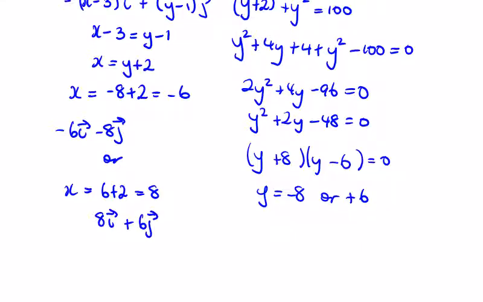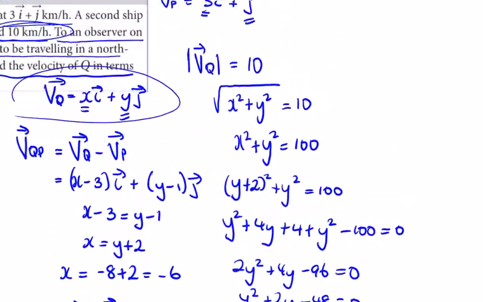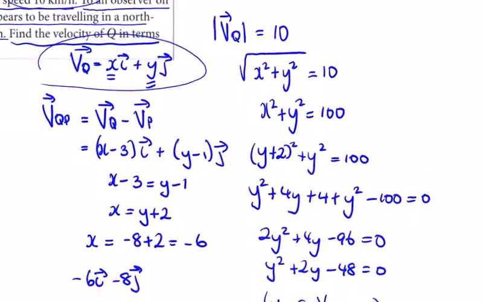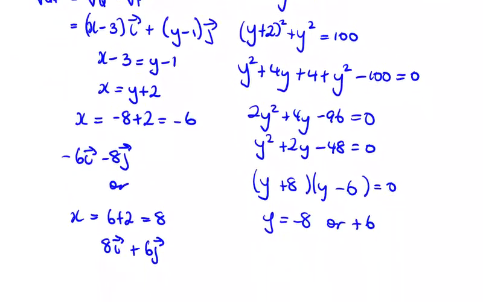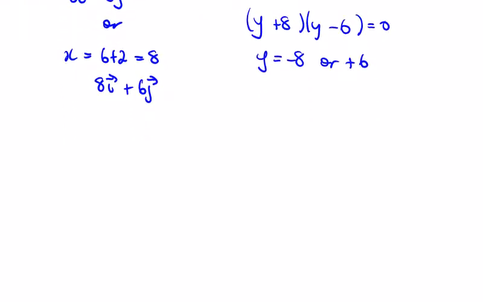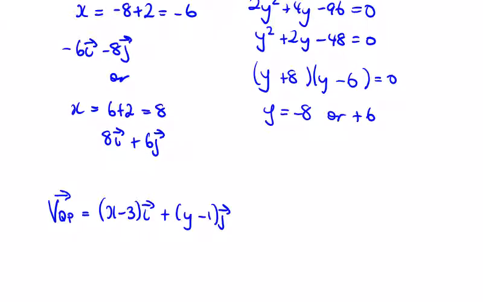Let's have a look. Velocity of Q relative to P is x minus 3 times i plus y minus 1 times j. So this is my velocity of Q relative to P, and we have two solutions.